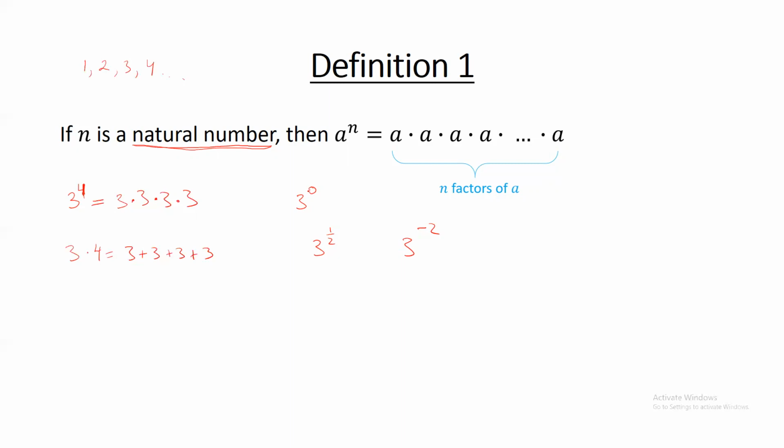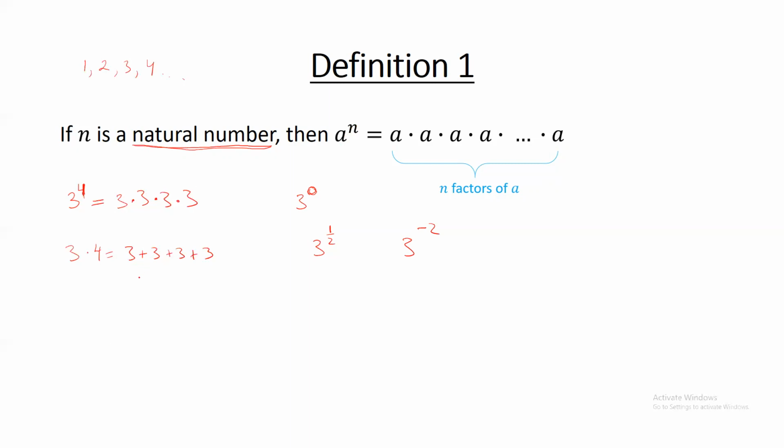When this exponent is not a natural number, when it's a negative, a 0, a fraction, we haven't even gotten to some of the more exotic things that you would learn in higher level math courses if you chose to take them. Exponents don't quite behave like this. There are a few more rules, but for the purposes of this video, for now you can think of exponents as just that, as repeated multiplication.